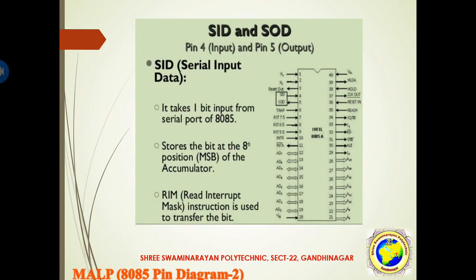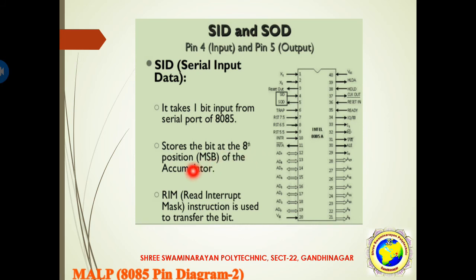SID and SOD. Here SID is the serial input data, and SOD is the serial output data. These are available at pin number 4 and pin number 5. So SID takes 1 bit input from the serial port of 8085 and stores the bit at the 8th position, the most significant bit of the accumulator.